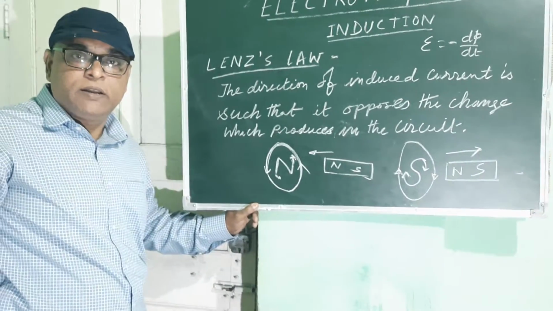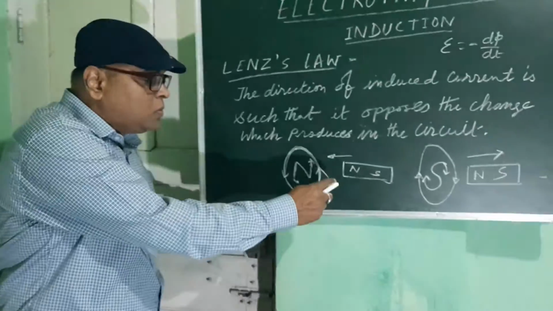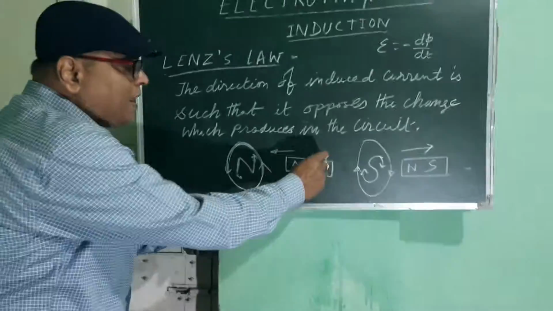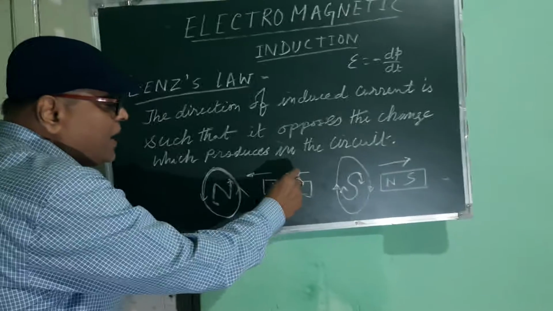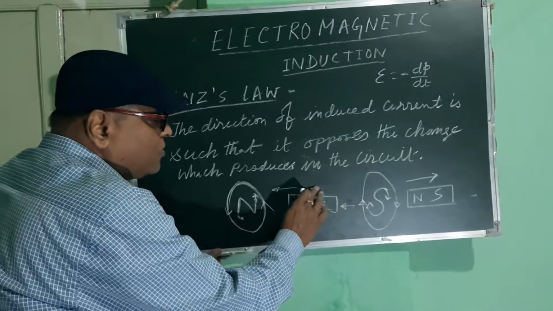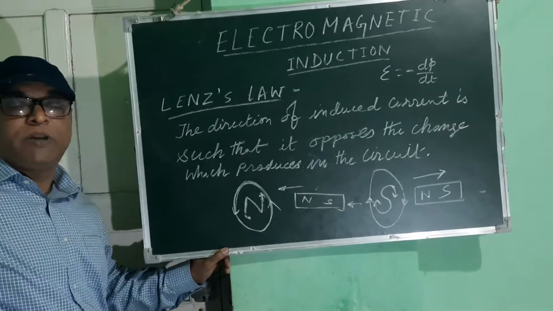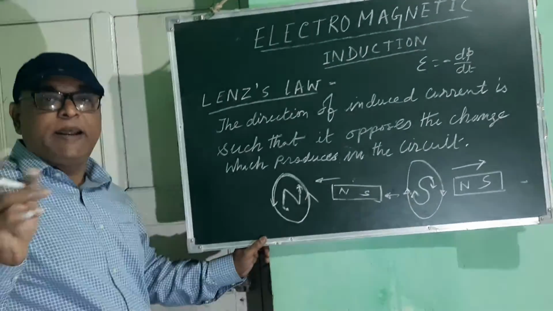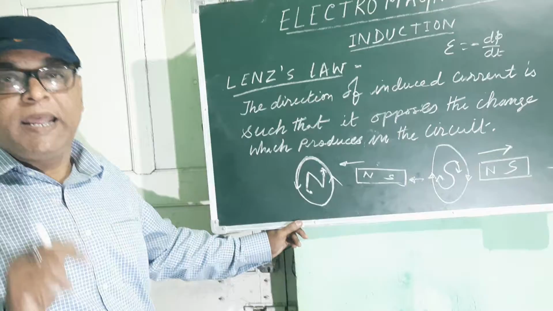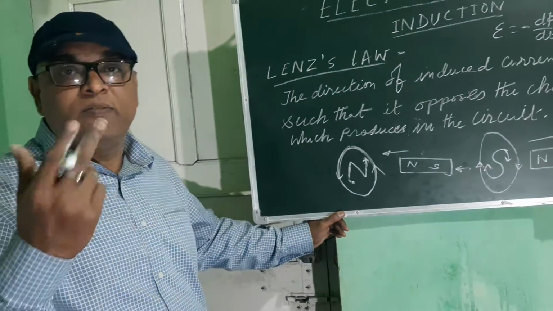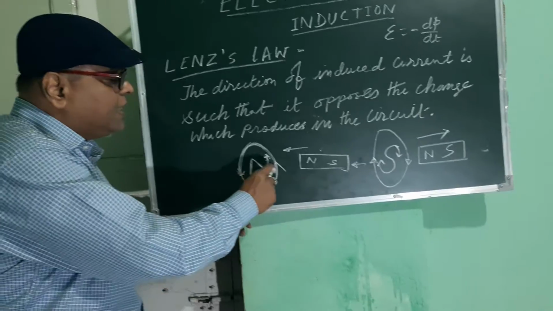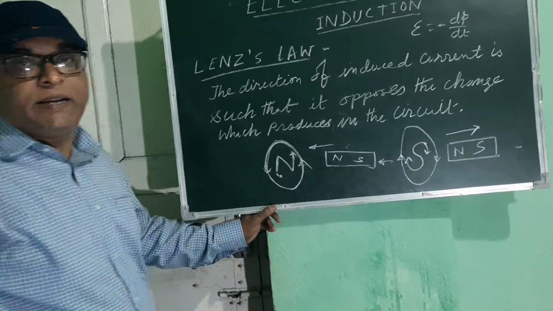Why? To continue the production of current, one applied force is required to be given. Here I will give the force. An applied force is required, and that applied force, that mechanical energy, will be converted into electrical energy in the coil or in the circuit.